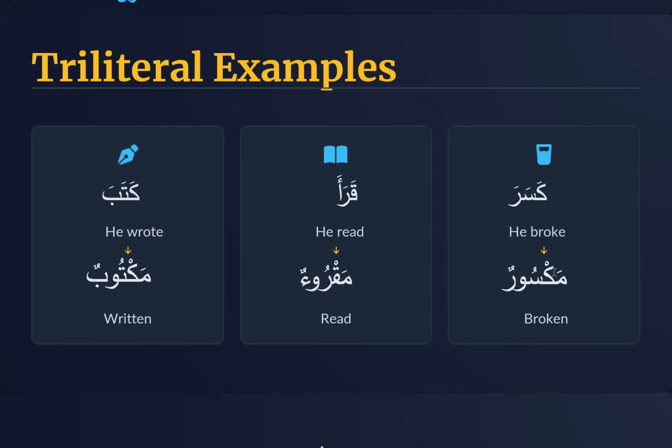Kasara, maksur. By the way, maksur is something that is broken. Kasara is to break. Qara'a, which means he read, and maqru means the thing that is being read. And kataba, he wrote. Then maktub means the thing that is written.